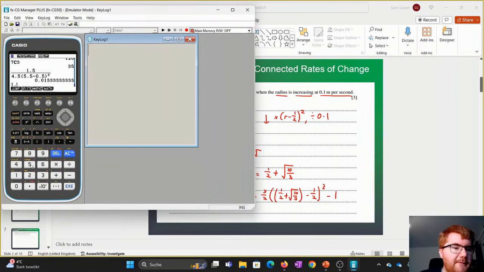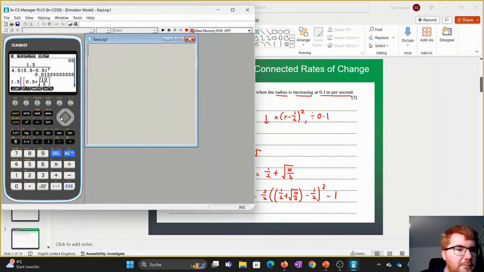So we have 1.5. Then we have our answer from before, which was 0.5 plus the square root fraction button 10 over 3, close bracket, minus, oh, we're in the square root, this is why you have to be very careful what you're doing here.